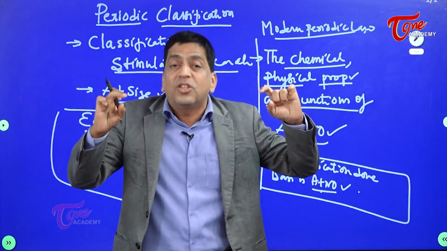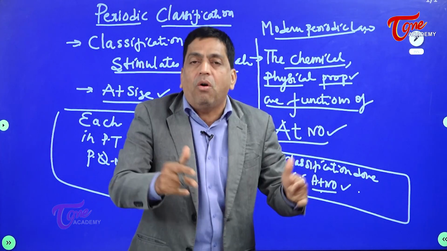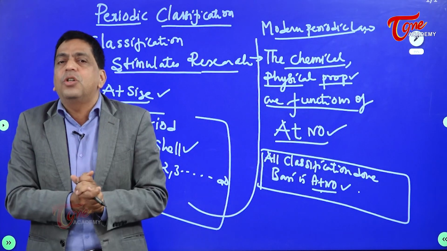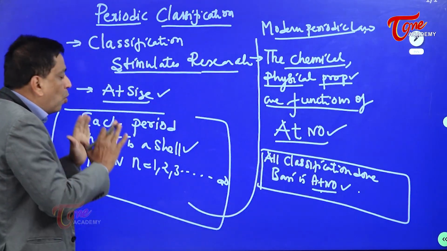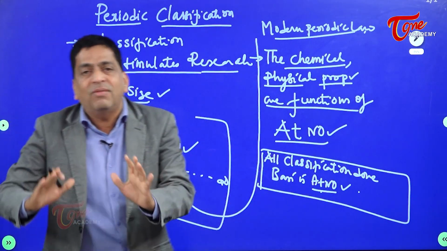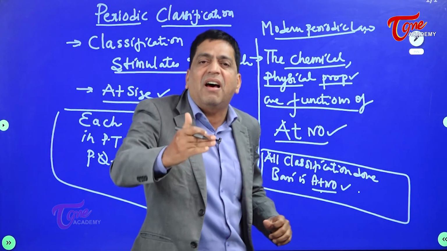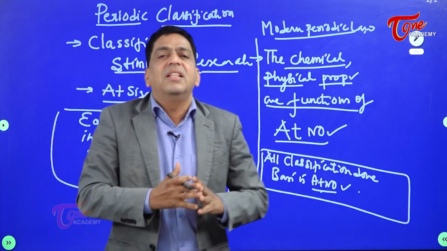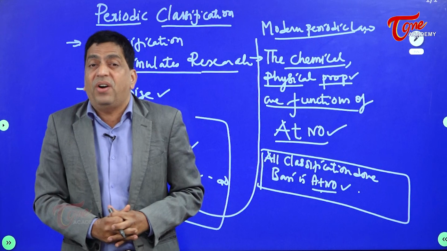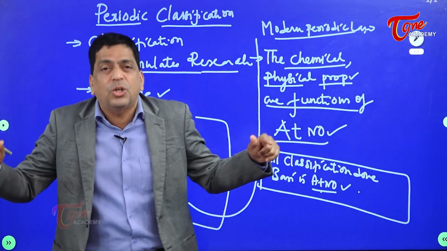A period is nothing but the shell proposed by Bohr, designated by a principal quantum number n equal to 1, 2, 3, and so on to infinity. If the number of shells is infinite, then in the periodic table even the periods will be infinite. That's why I say the periodic table is incomplete.